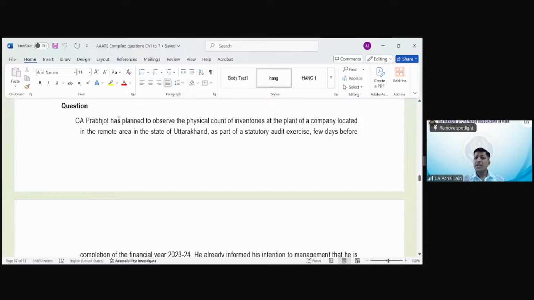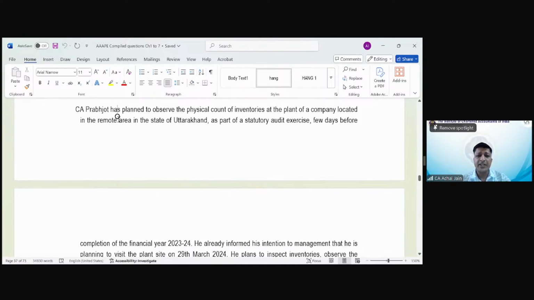CA Prabjot has planned to observe the physical count of inventories at the plant of a company located in a remote area in the state of Uttarakhand, as a part of a statutory audit exercise, a few days before the completion of financial year 23-24.